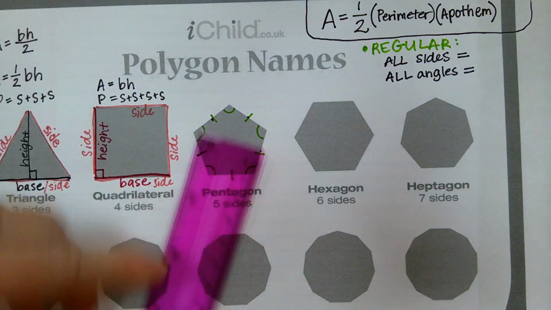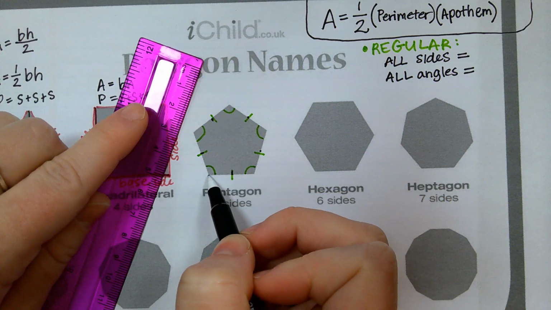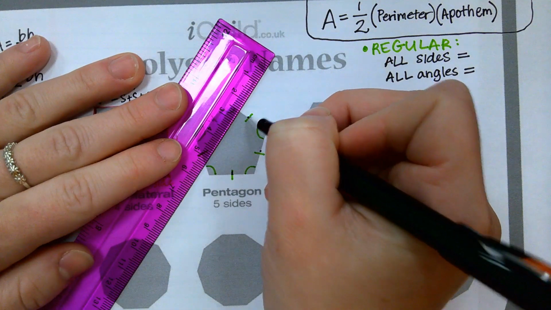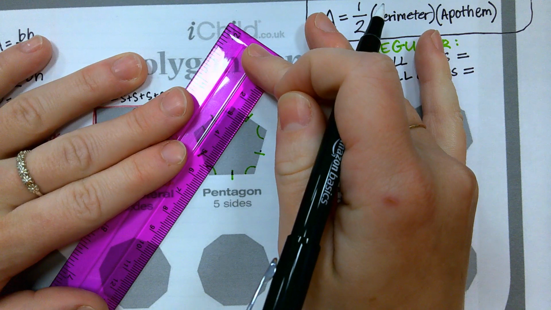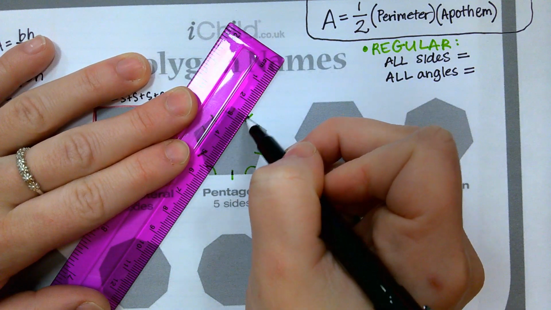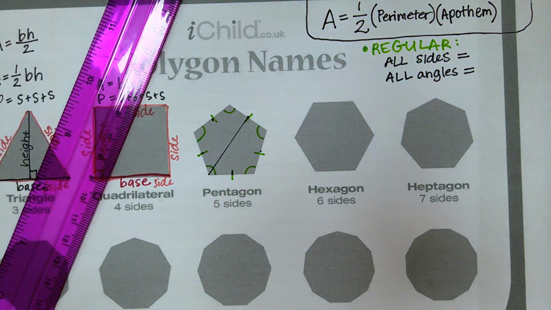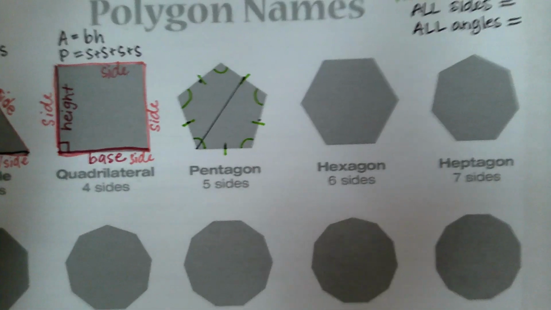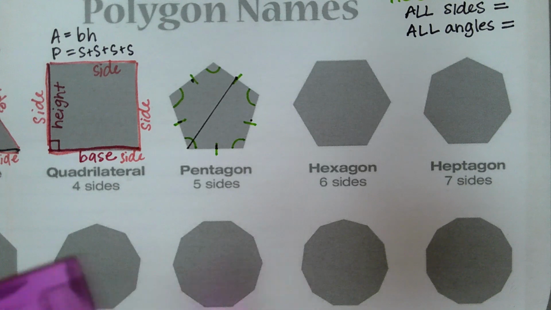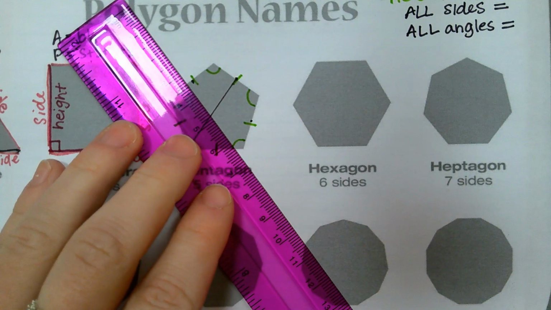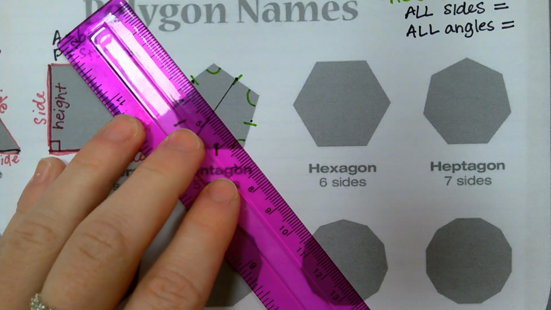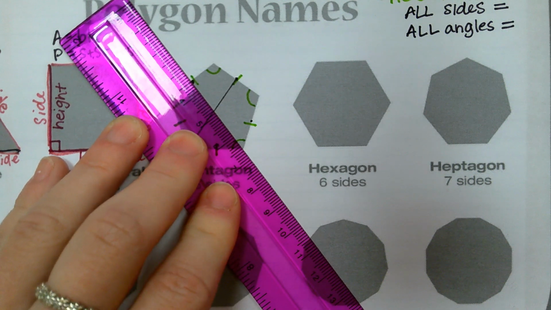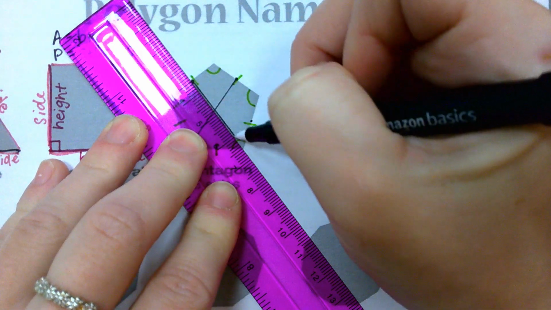Okay, and then like I said, we're going to start from the vertex of each angle, and we're going to go to the opposite side of the shape. So it'll look like this. There's one of my lines. We're going to do it with all 5 sides and all 5 angles, and you're going to end up with an intersection of a bunch of lines going into each other in the middle of your shape.